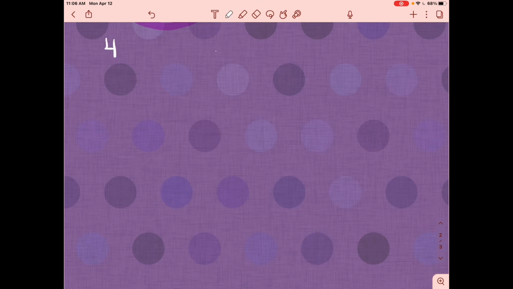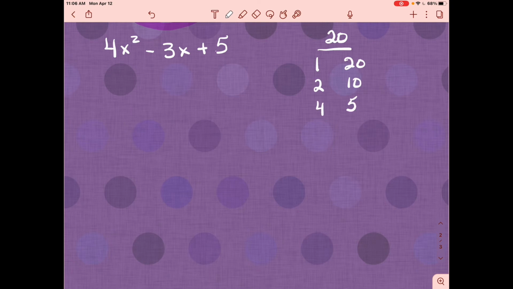4x squared minus 3x plus 5. Okay, what happens if I try to factor this and it's not working? Let's just start it. A times C is 20, and I'm going to grab my factors of 20. 1 times 20, 2 times 10, 4 times 5. And positive times positive is positive, but negative times negative is also positive, and that would make sense because I need a negative 3.